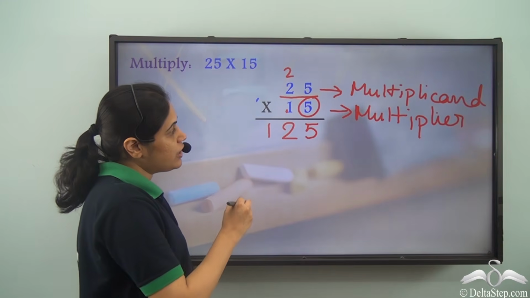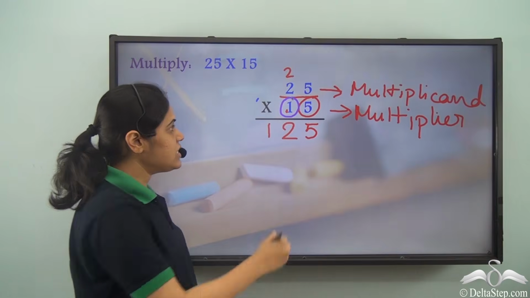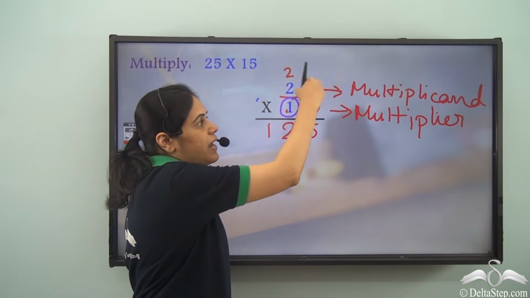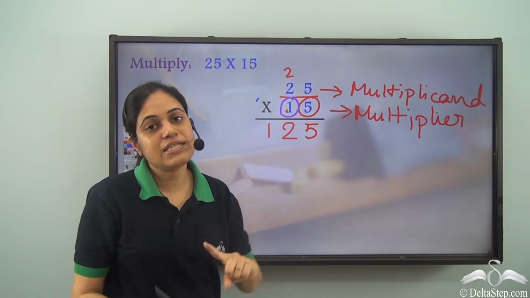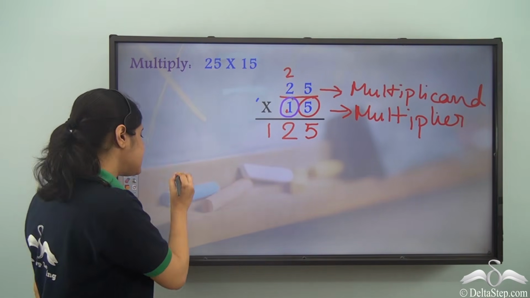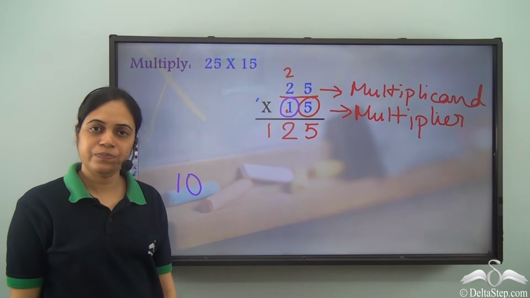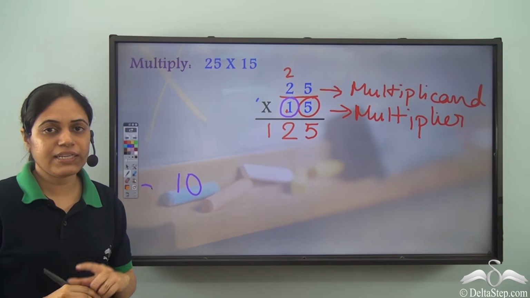So now what do I need to do? I need to consider this 1, and now I need to multiply 25 by 1. But this 1 is in the tens place. So 1 tens means 10. This means I have to multiply 25 by 10.